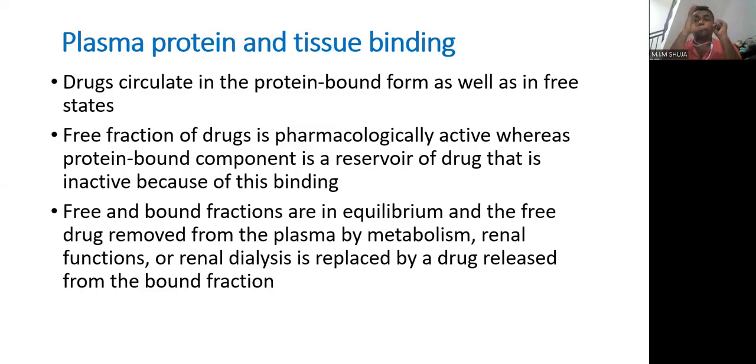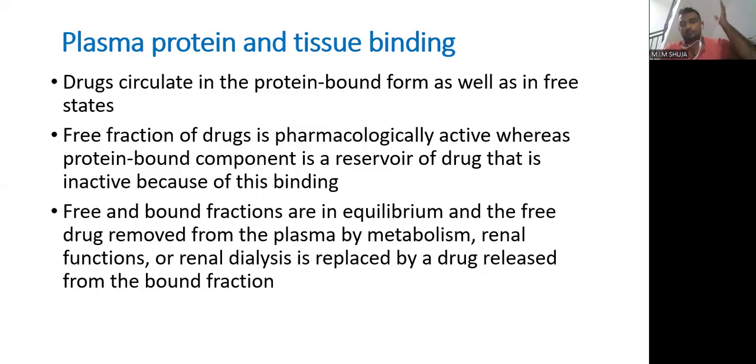The non-bound portion is the active portion that participates in the action of that particular drug. The drug which is bound to plasma protein is in the storage form. So in the circulating blood, the drug is found in the protein bound form and the free form. The free fraction of the drug is pharmacologically active. Meanwhile, the protein bound component is a reservoir.